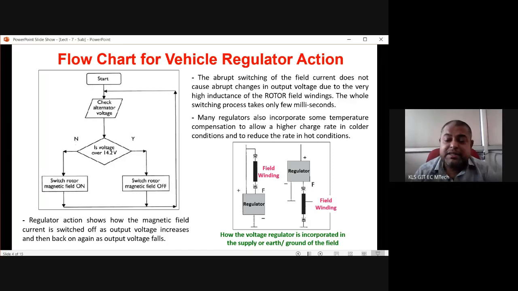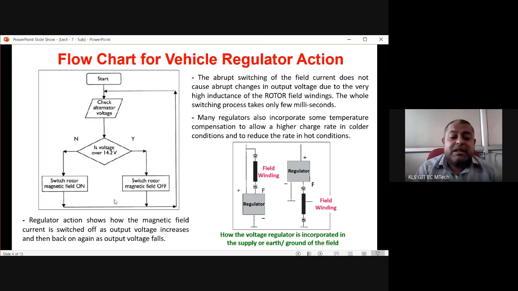If that rectified alternator voltage is less than 14.2 volt, in that case we can make the rotor magnetic coil carry some current. So more than 14.2 volt output voltage, cut magnetic field current. Less than 14.2 volt, switch on the magnetic field current. This is in short what is called regulation.